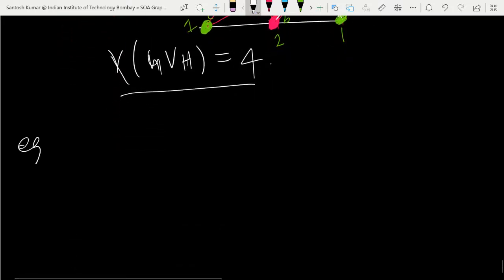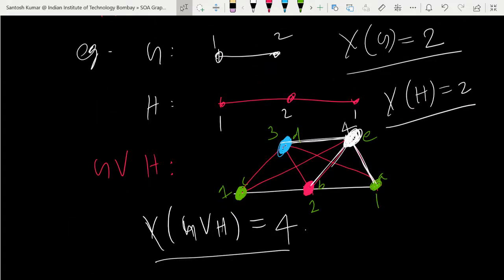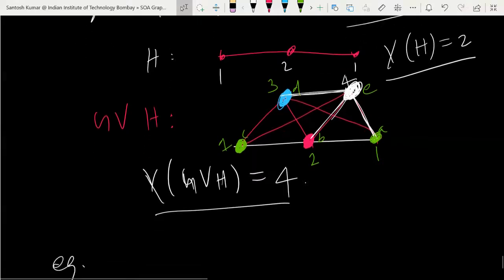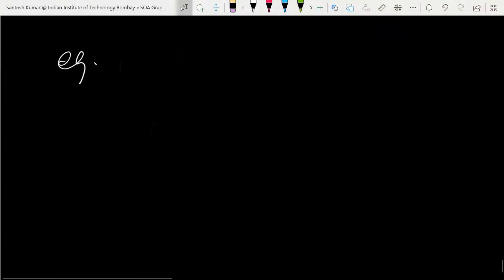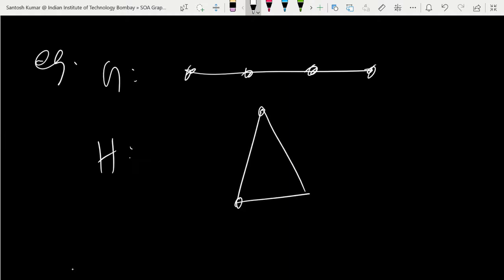Let me define a new one. If anyone has a doubt, you can ask. Simply, join of two graphs means you join each vertex of the first one to each vertex of the other one. Now suppose G is P4 and H is K3.